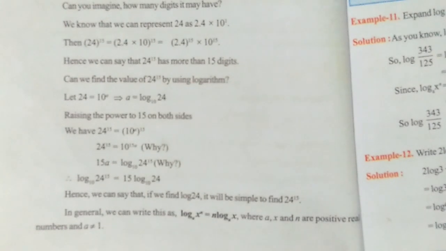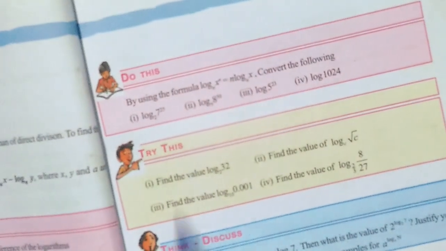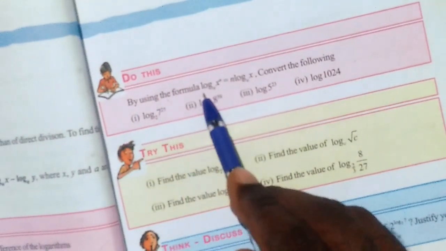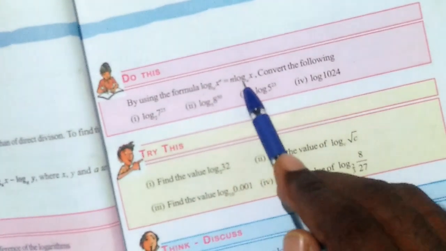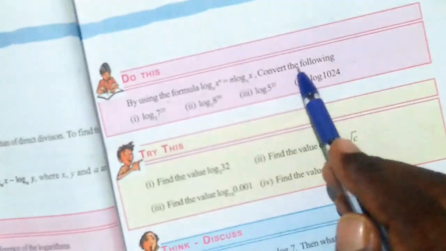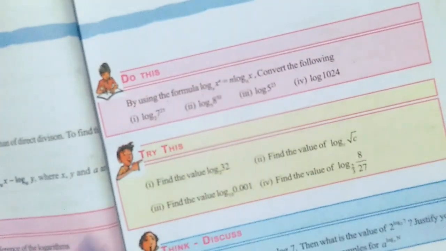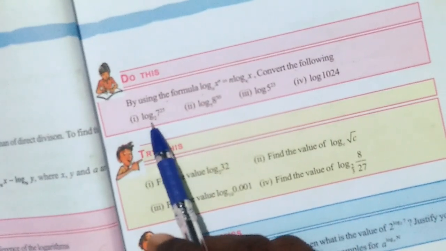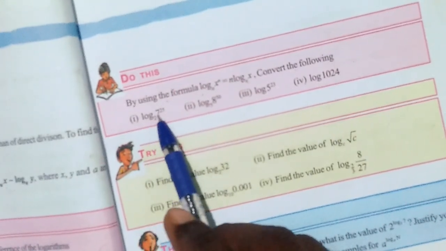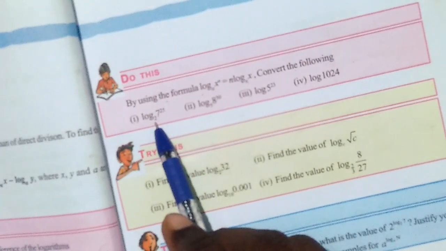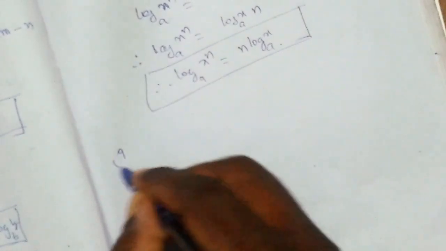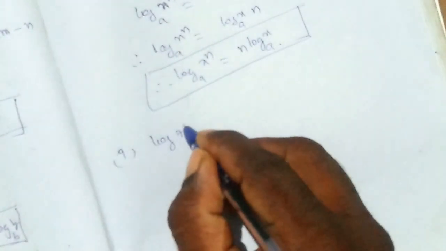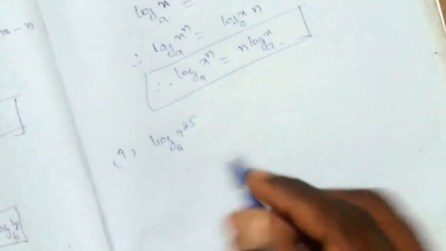Now I am going to tell one problem from do this. By using the formula log of x to the power of n base a is equal to n log x base a, convert the following problems. What is the first problem? Log of 7 to the power of 25 base a.